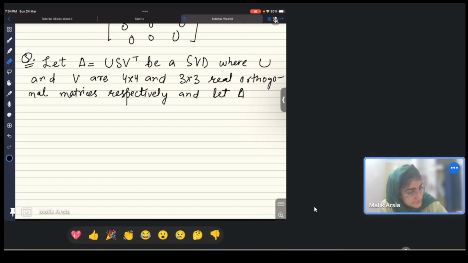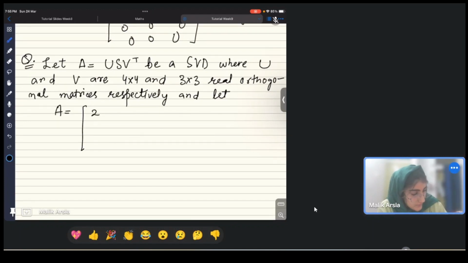A be given as the 4 cross 3 matrix: 2 0 0, 0 2 1, 0 1 2, and 0 0 0.